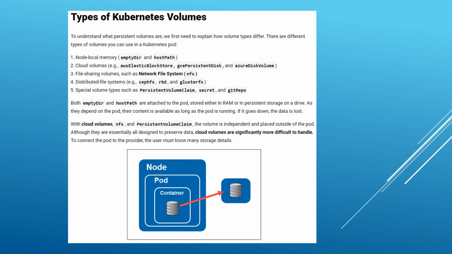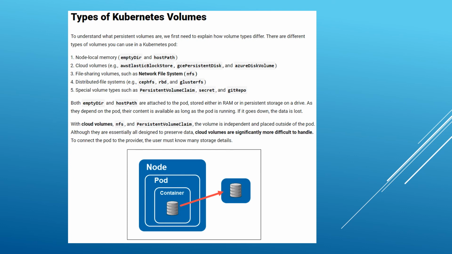Azure uses Azure Disk Volume. So even by using that, you need to create a storage provisioner. You need to create a storage class first, and then make sure that you have the right access to create that particular disk, and then you can create a PV or a PVC. First, you need to set up your prerequisites before creating a PV and PVC, and then you can create a persistent volume.